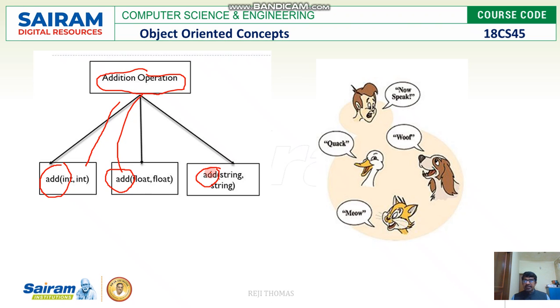So in all these cases your function name remains the same, but your add function takes different forms and different parameters at different times. If you look at the diagram, everyone speaks: the man, the duck, the dog, the cat. Everyone does the same job, but the way they speak is different.